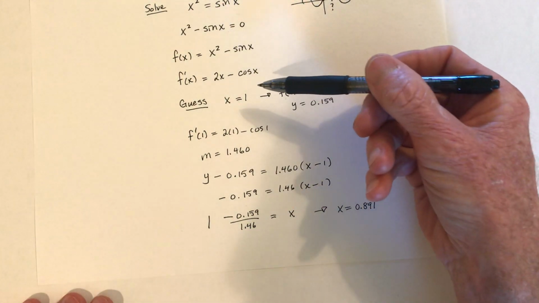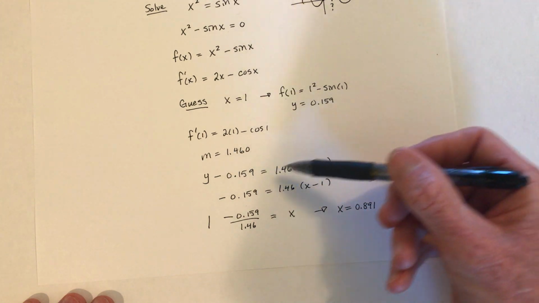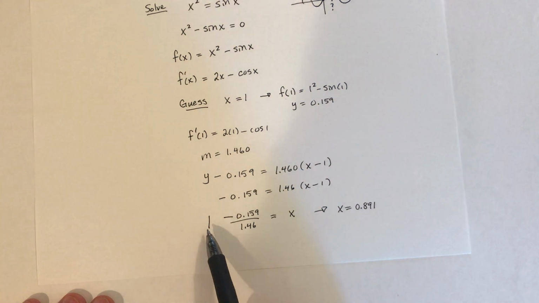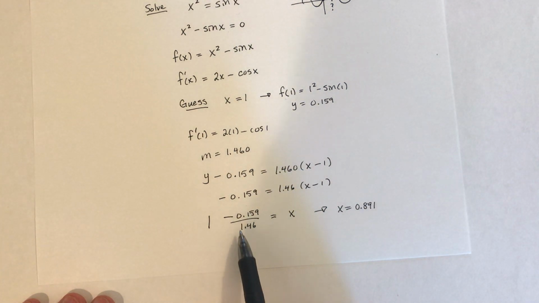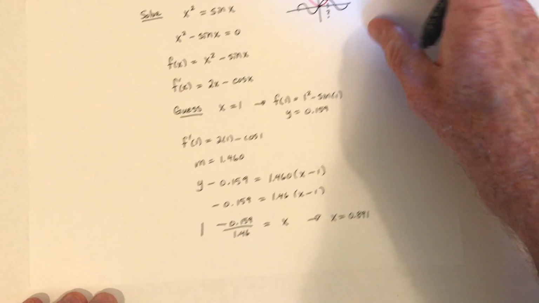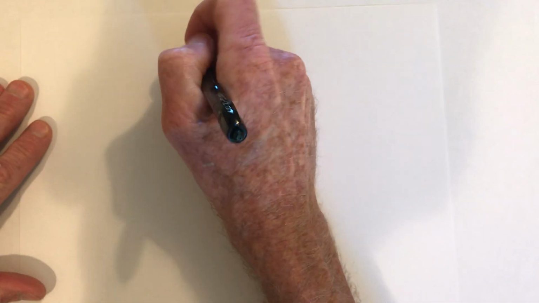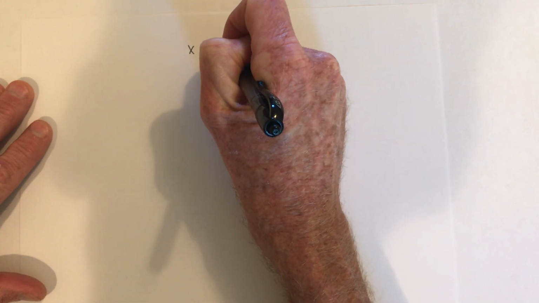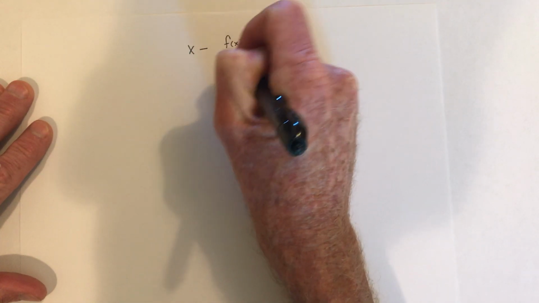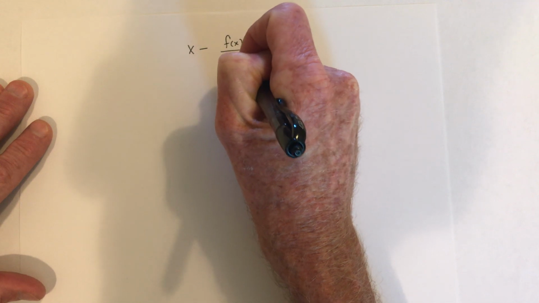It will also save us the trouble of having to go through all these steps each time, because it always ends up to be x minus the function divided by the derivative. So in general, it's x minus the function divided by the derivative.